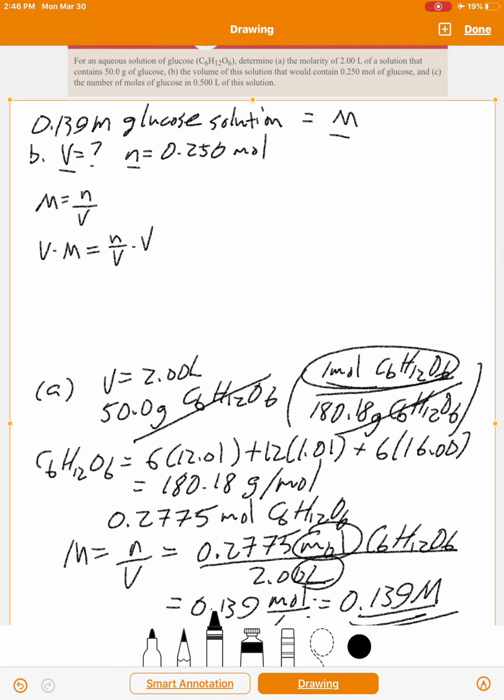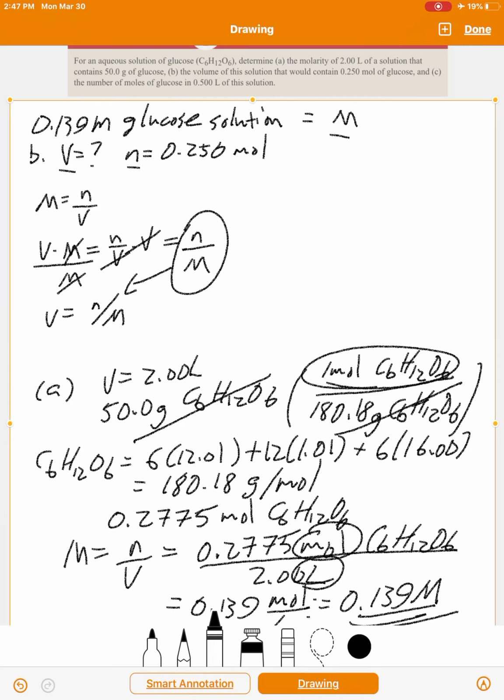The reason we multiply both sides by V is because if you do that on the right side, V divided by V is 1, so it cancels, and that's just equal to moles. Now, we're trying to find out the volume. So now I'm going to divide both sides by capital M. M divided by M is 1, so V equals n over M. Volume is moles over molarity.